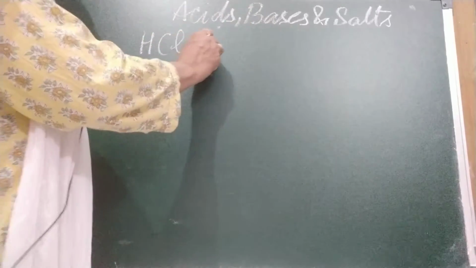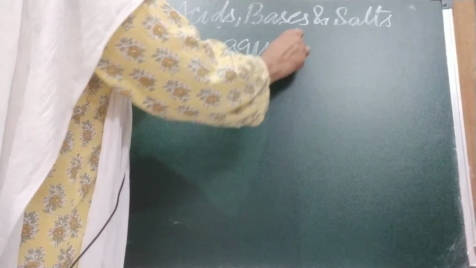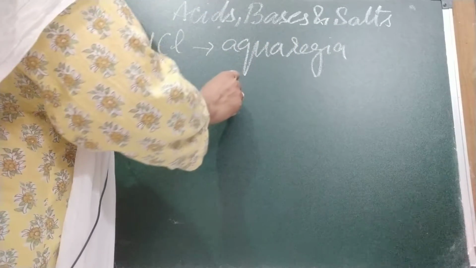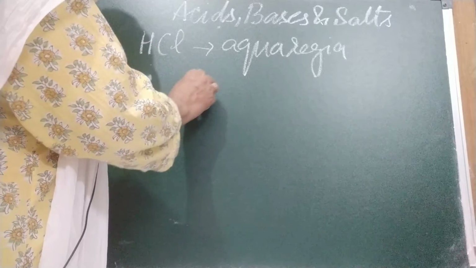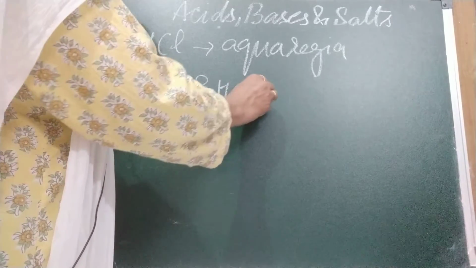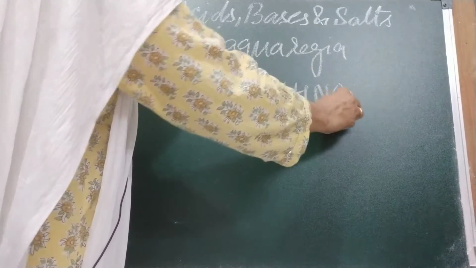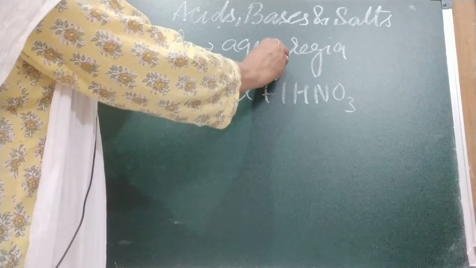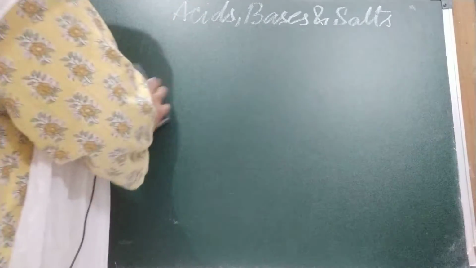What is aqua regia, children? Aqua regia is the solution which we use to dissolve noble metals. How do we make it? We take 3 parts of HCl and 1 part of nitric acid. So these two strong acids together form aqua regia. It is used to dissolve noble metals.